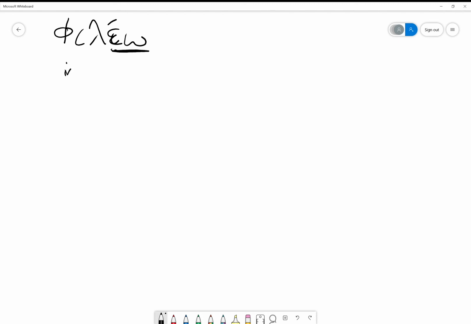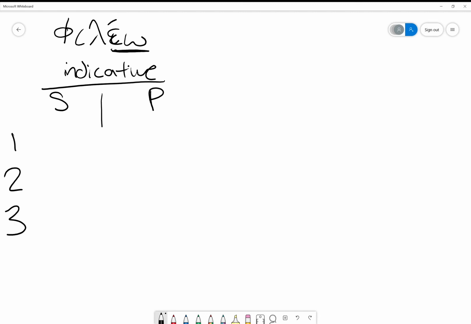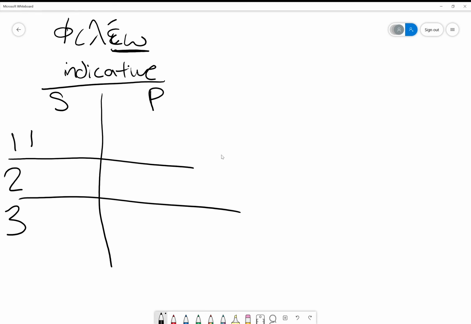So for the indicative, okay, we make our chart. We've got our singular, we've got our plural, we've got our first, second, and third. What it's going to do is mush together. So we have philo with a circumflex, okay?